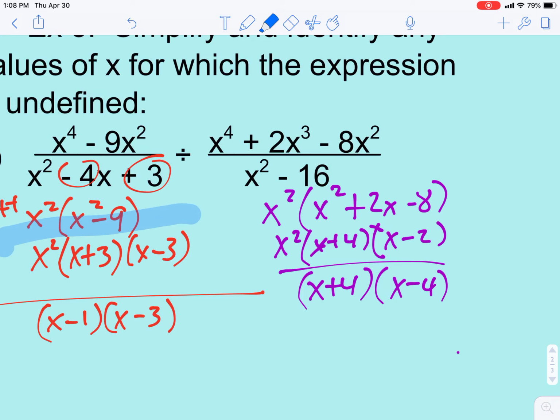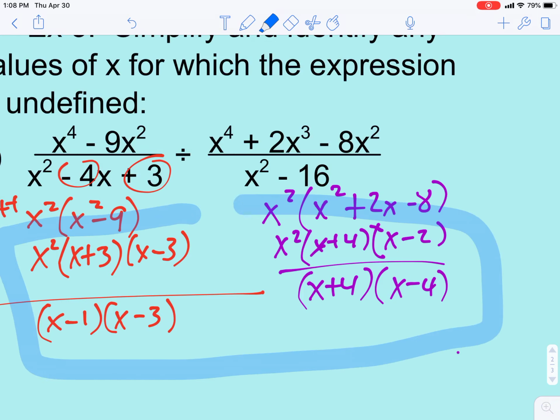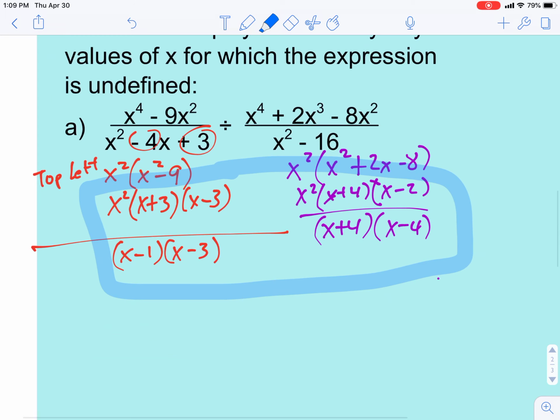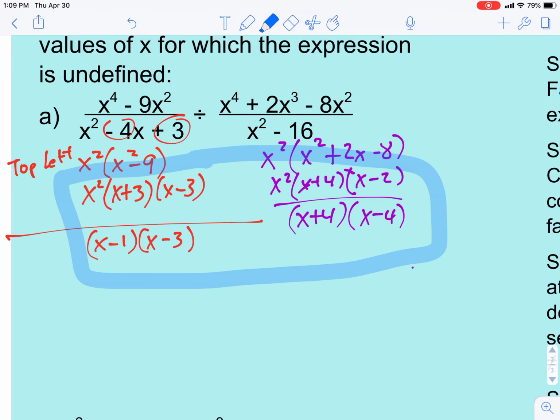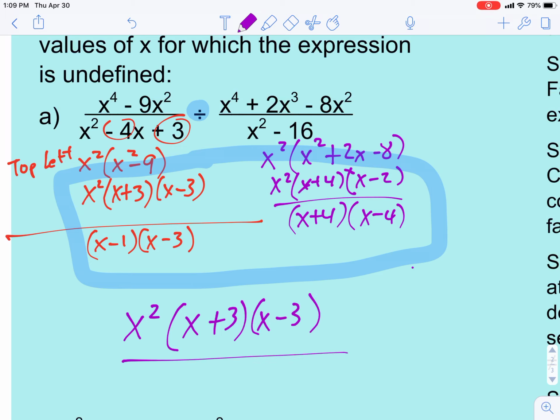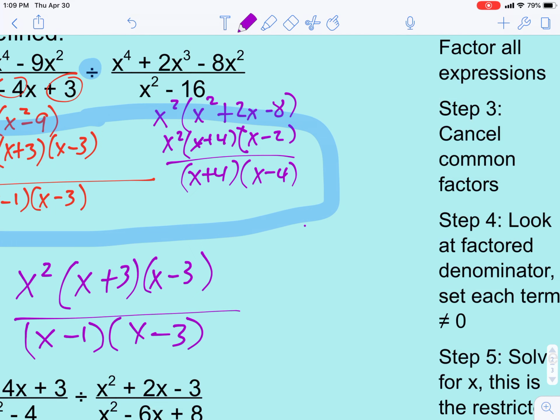We have all of our factors just like this. Now, we are dividing. So we have to multiply by the reciprocal. So I'm just going to rewrite the left side. You only flip the right side. And then we're going to change it from division to multiplication.